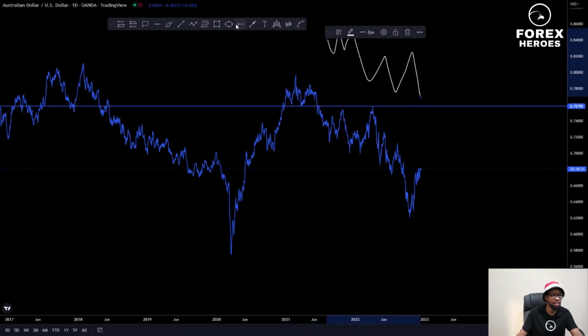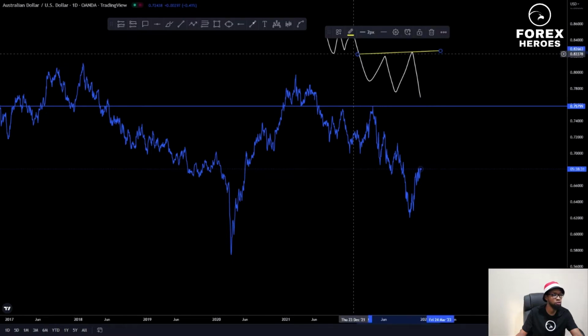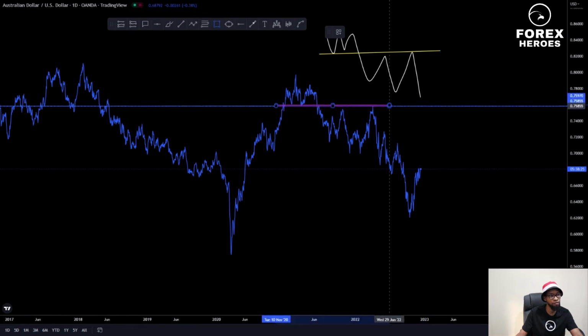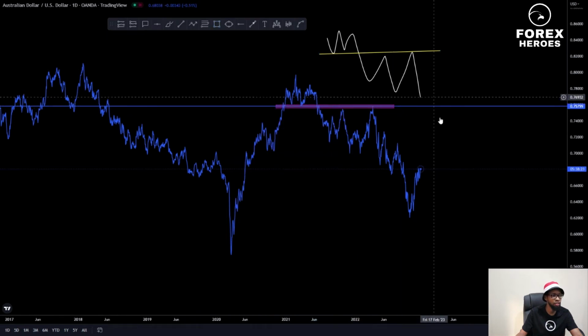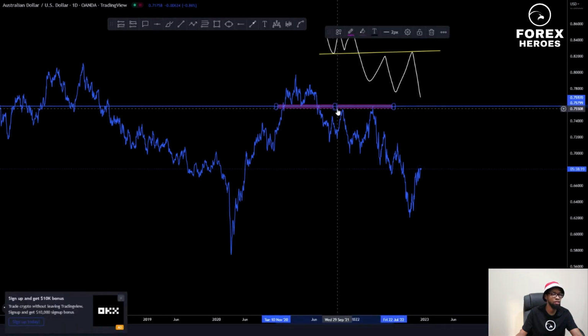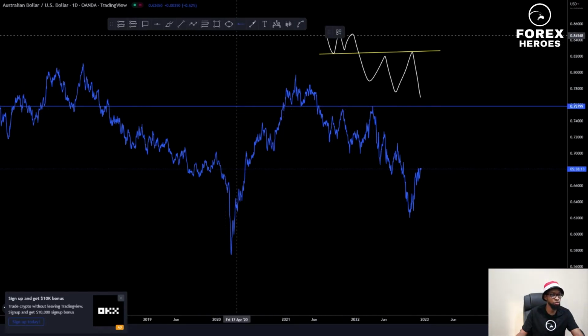So you can see that this point that happened is very much significant. This area is very much significant, you see. So what I can say is that you have every right to draw it here.